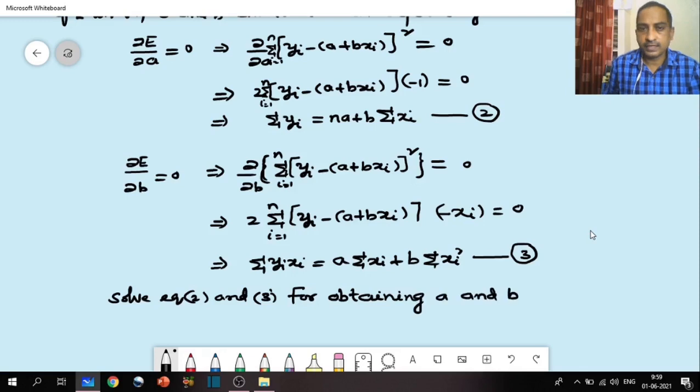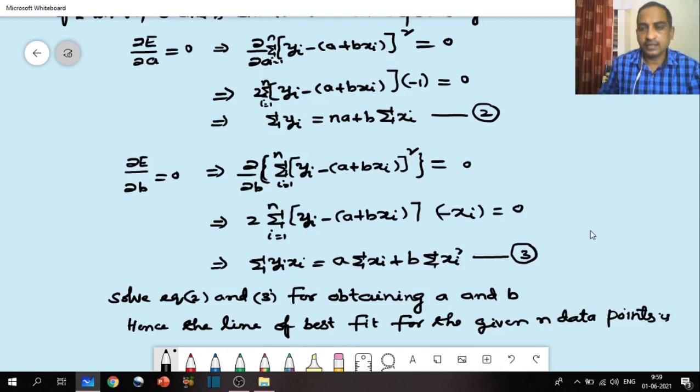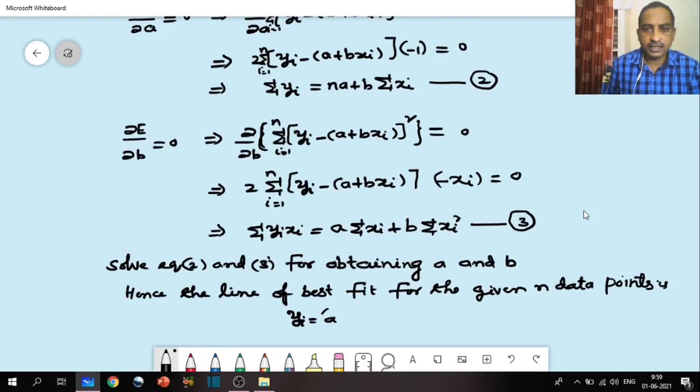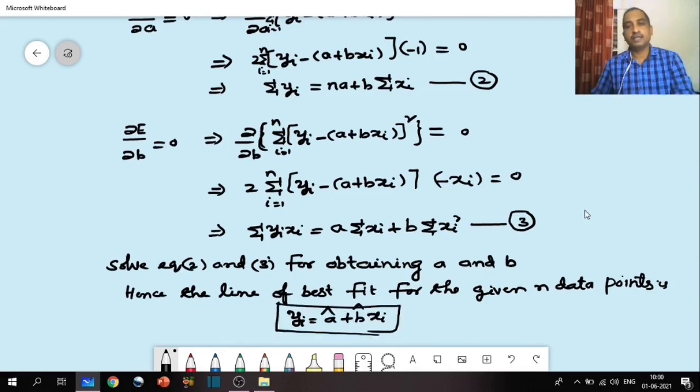Hence the line of best fit for the given n data points is y_i equals a hat plus b hat x_i, right? So this is nothing but the line of best fit after obtaining the a and b from the method of least squares.